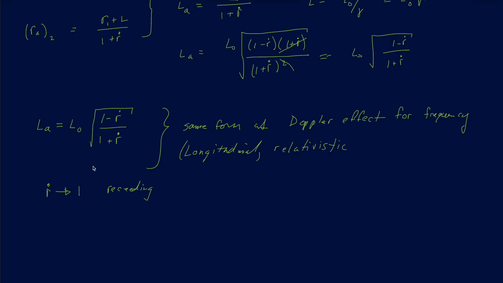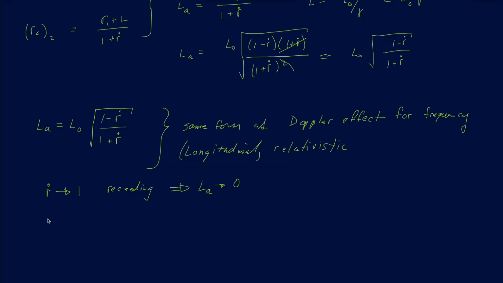And in that case, we get a 2 here, and 1 minus 1 gives 0 here, so for this case the apparent length is equal to 0. Or to put it differently, it goes to 0 in the limit as the radial velocity goes to the speed of light. And again, this is receding.